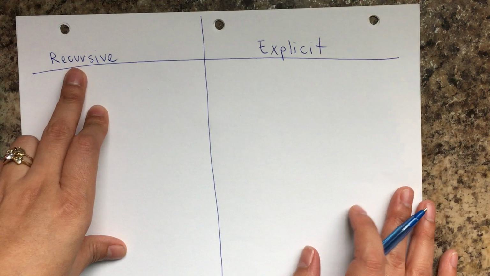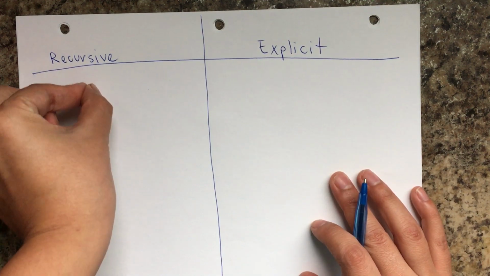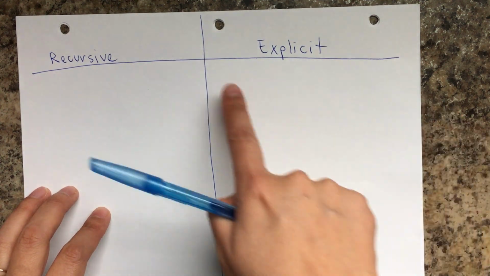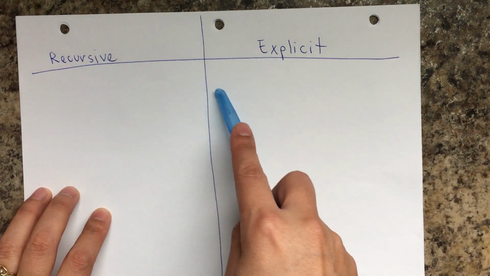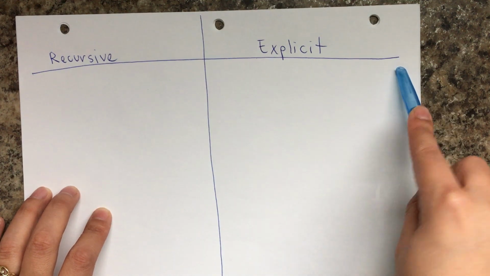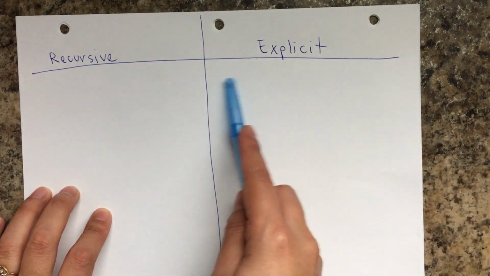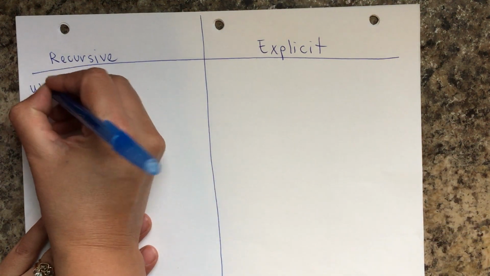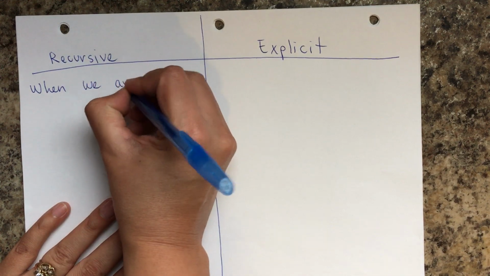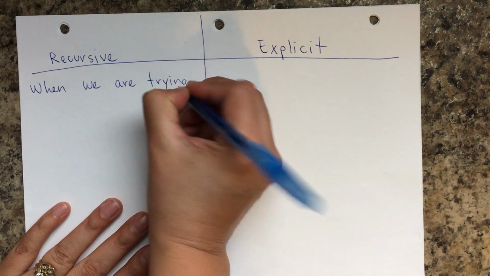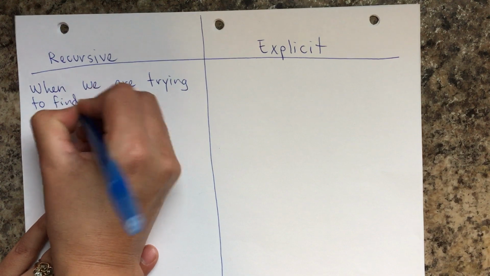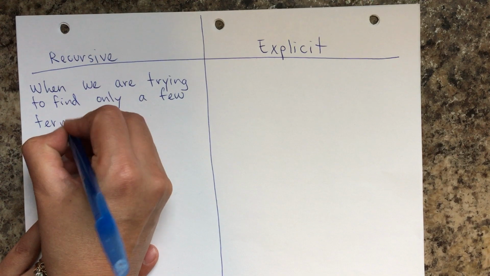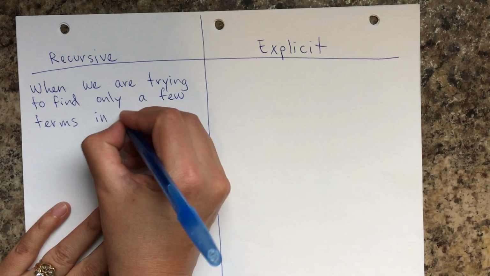Okay, so recursive is to find only a couple of terms in a sequence, and the explicit is to go directly to a term that is far away from the first few terms. Okay, so let's put that. When we are trying to find only a few terms in a sequence.